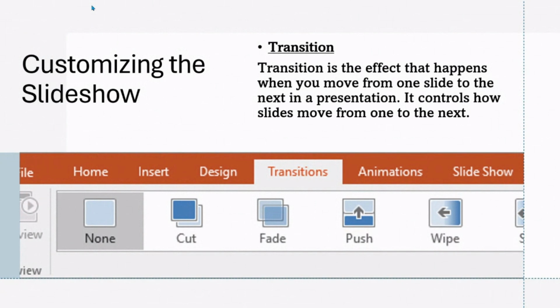Transition is applied to slides, and it controls how you move from one slide to the next. Animation is the effect applied to text, images, or objects that causes them to move, disappear, or appear in a unique way. So please do not confuse these two terms.